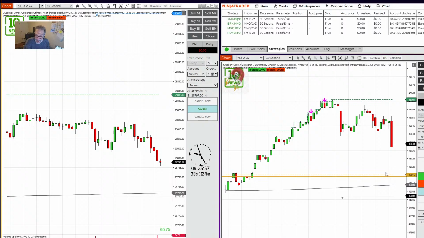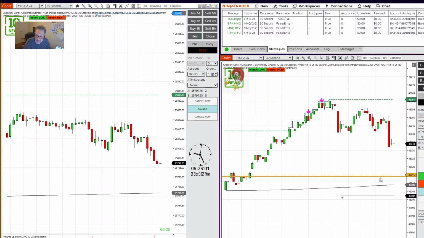Ideally, you probably want to get in under the previous open, but I'm just testing. So our target's the VWAP. It is correct.